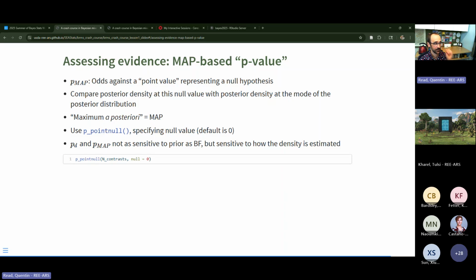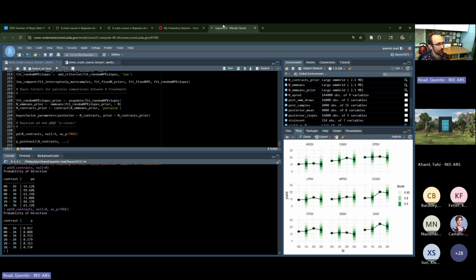And the closer that ratio gets to 0, the more evidence. So p_map is the function that is used to get that one, and we specify null equals 0. So that's just another way to do it.